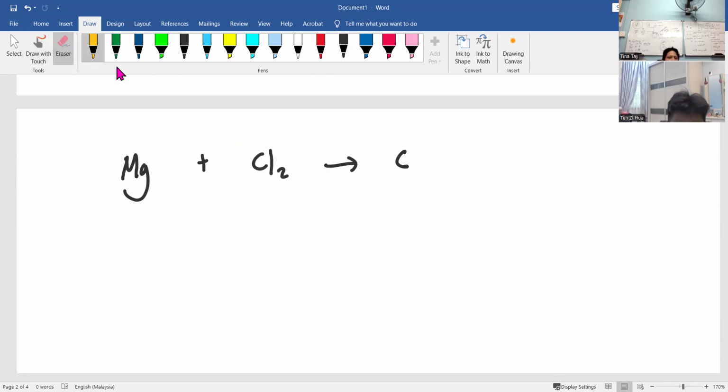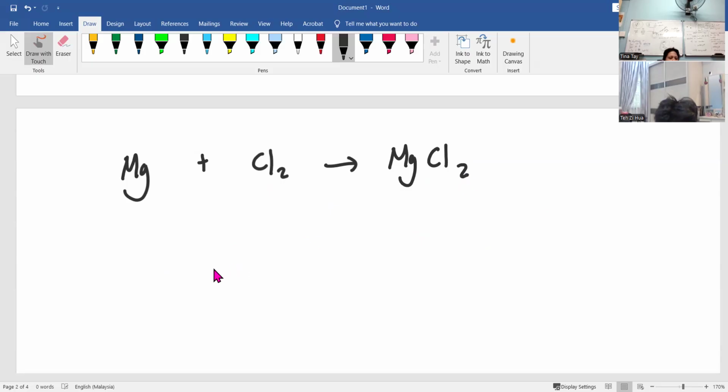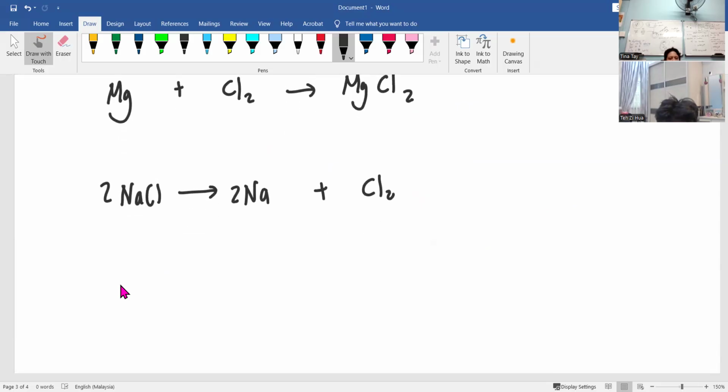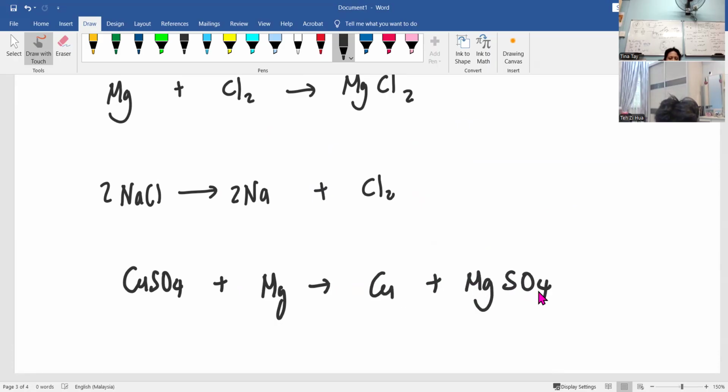I want you to write down the half equations and then show whether it is redox or not based on electron transfer. Okay? Okay, three equations only.